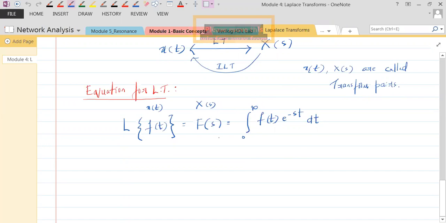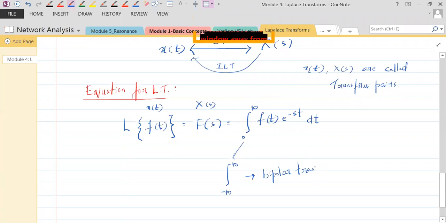So 0 to infinity means it is unipolar. If it goes from minus infinity to plus infinity, it is a bipolar transform. But in circuit applications, this will not be the case. So if you have 0 to infinity, it is called a unipolar transform.